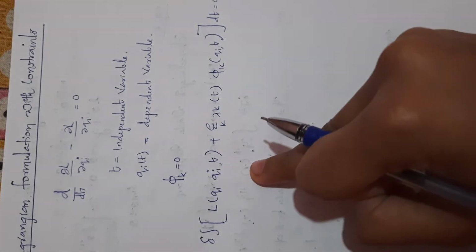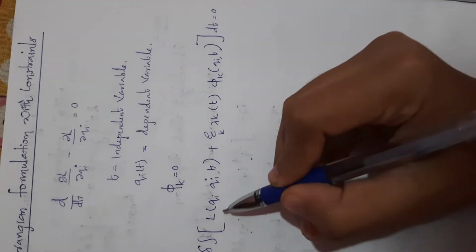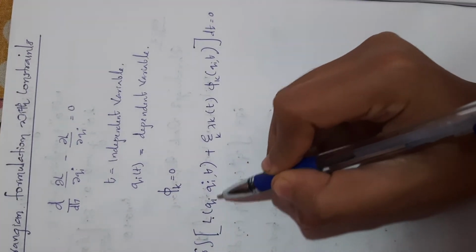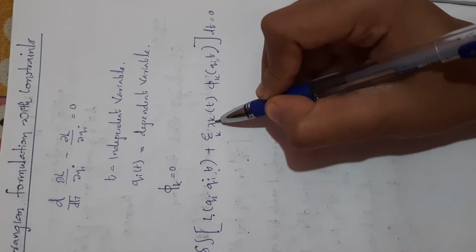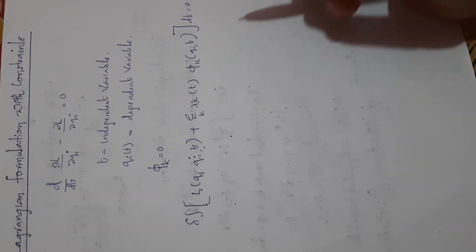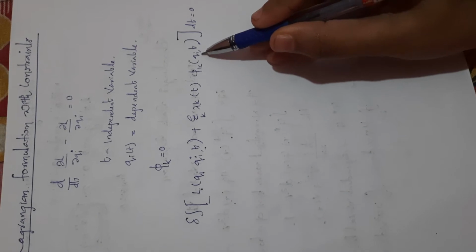Here, the Lagrangian L is a function of Qi, Qi dot and t, and the Lagrange multiplier lambda is a function of t. Phi k depends upon Qi and t.